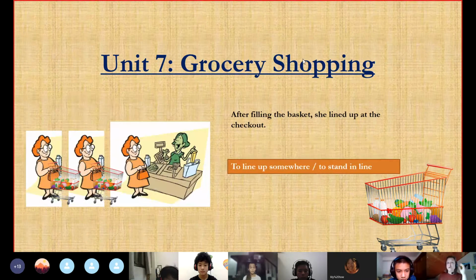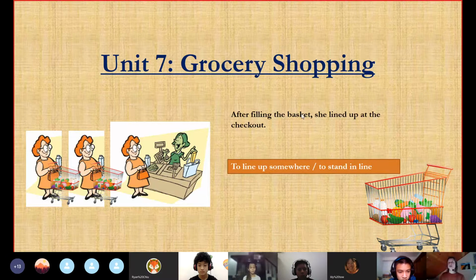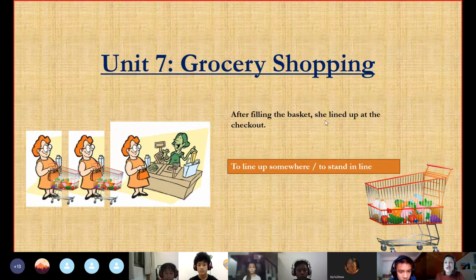All right. So we know after filling the basket, so after she has put many things in the basket, she lined up at the checkout. Okay, I will repeat once more.